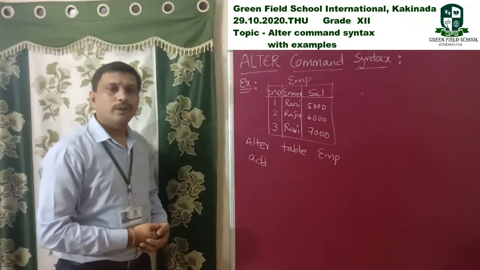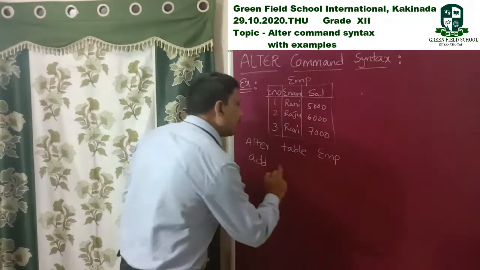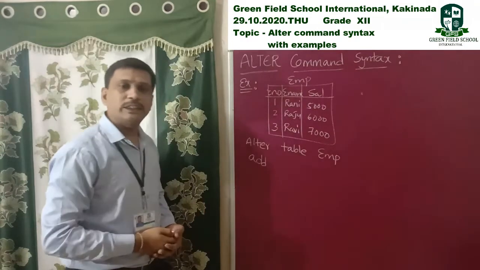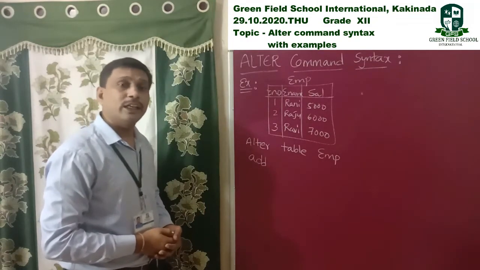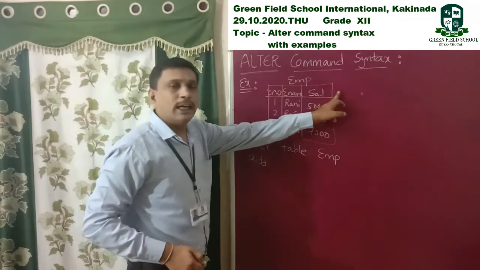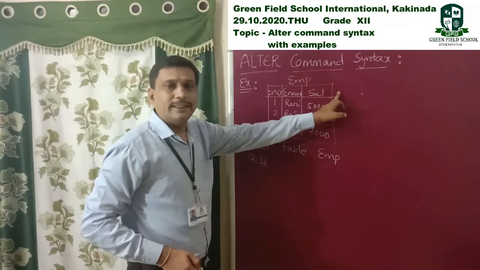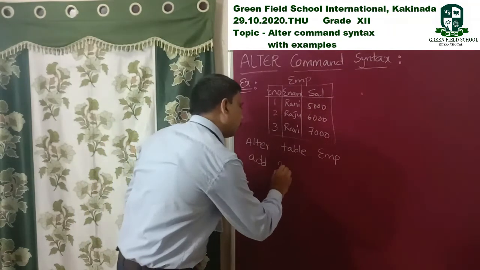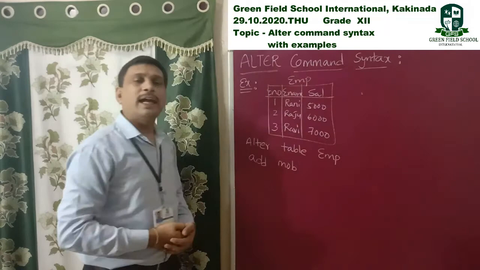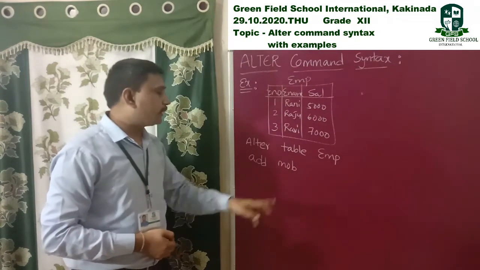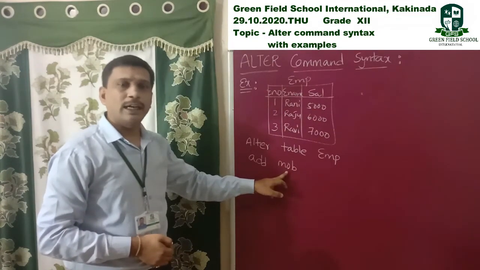Add. Here I specify column definition. Column definition means the name of the column I want to add here, the mobile number column. That's why I specify here the mobile column name.